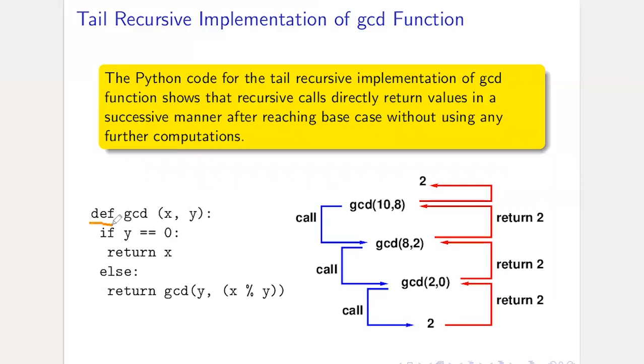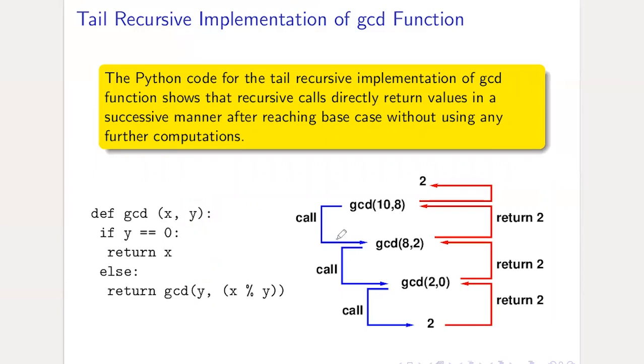This is the function definition. You call with x and y, and what gets passed is 10 and 8. 8 is not equal to 0, so it will come here and call the same function GCD with the second parameter now as the first parameter. So it will be 8, and the second parameter is the remainder of the division.